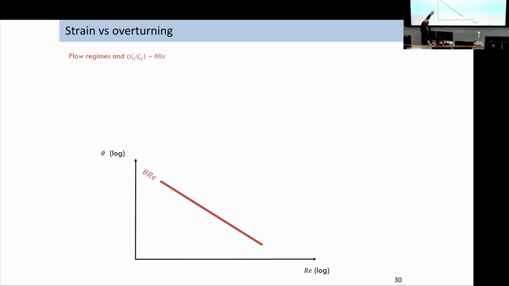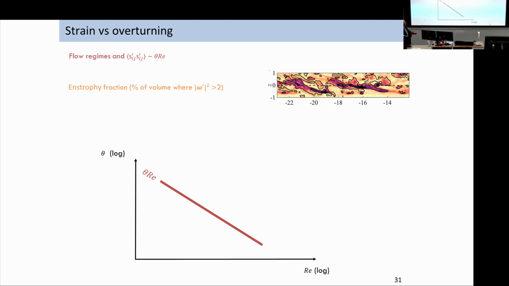Here is the line of the turbulent case at constant theta Re on the theta Re log plot. And then we measure the enstrophy, so how much of the fluid has high levels of vorticity. This is indicative of regions which are being strongly strained. And when we do that, we see that it scales in the same way. So it scales like theta Reynolds number Q, but it's parallel.